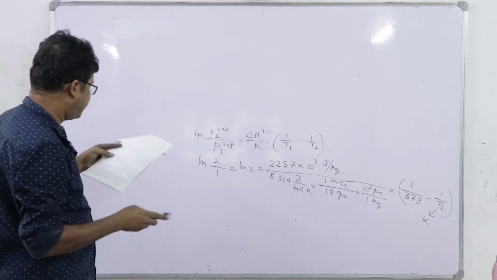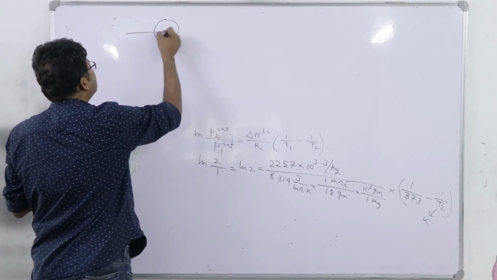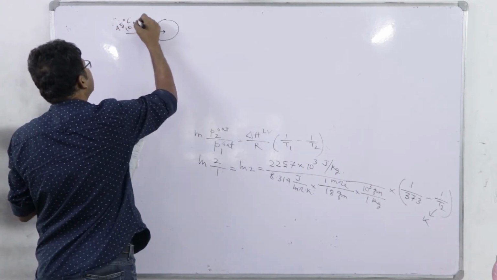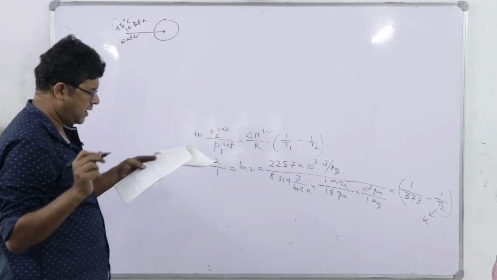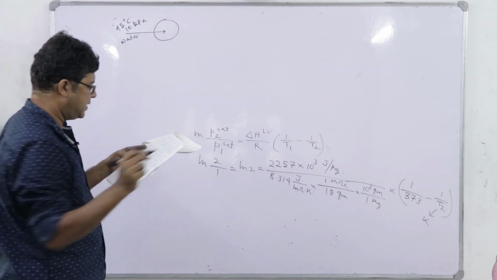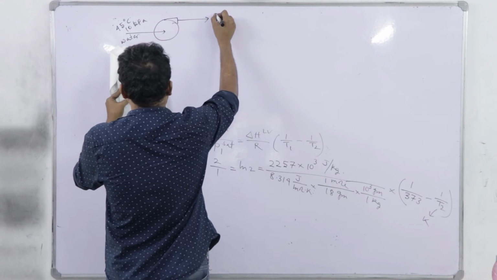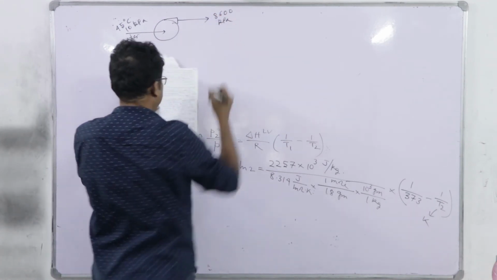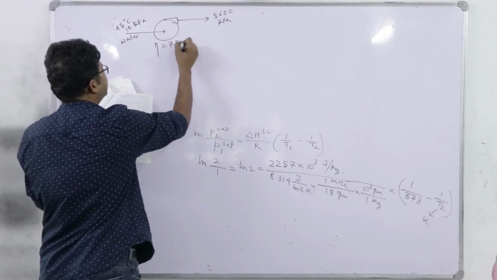Water at 45 degrees Celsius and 10 kilopascal enters an adiabatic pump and is discharged at a pressure of 8600 kilopascal. Pump efficiency is 75%.